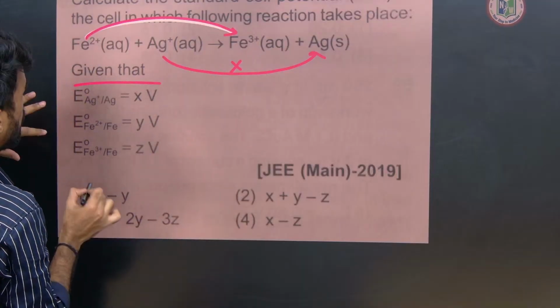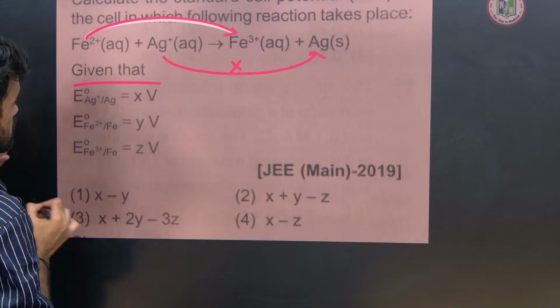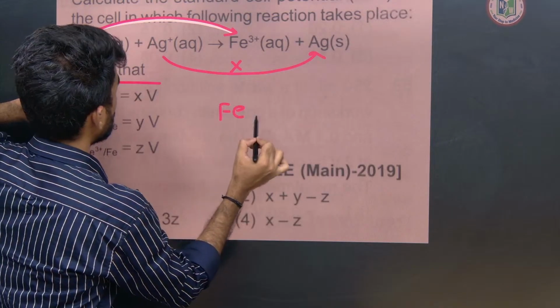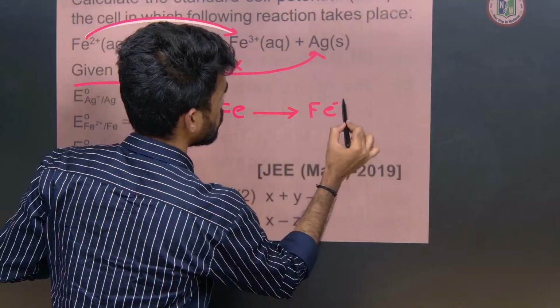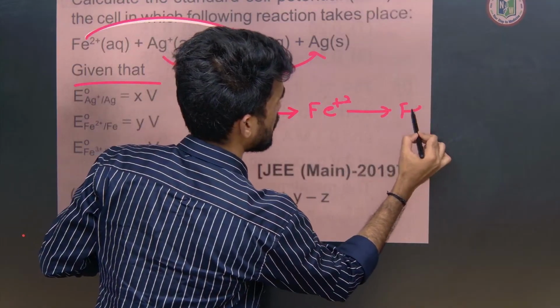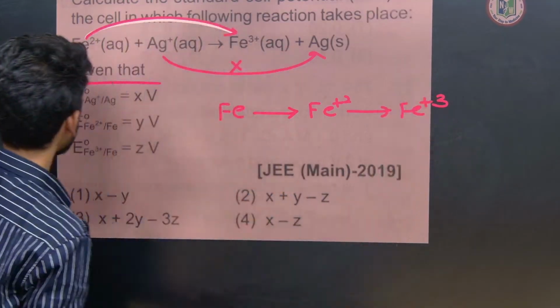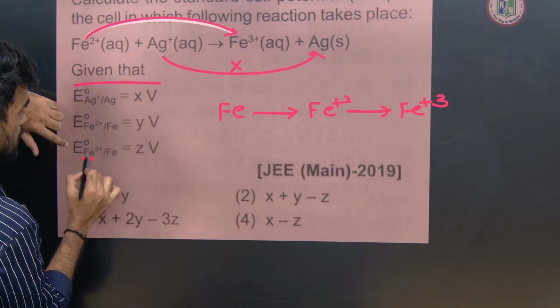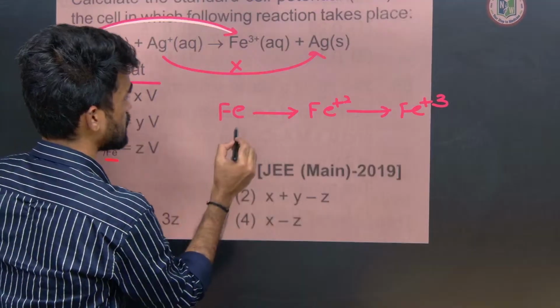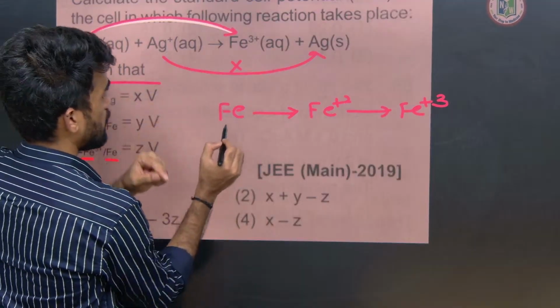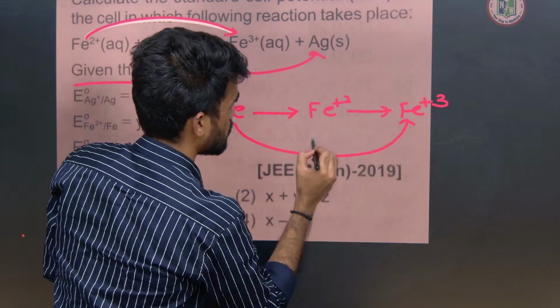But they gave the data of other things. Iron converting into iron plus 2, iron plus 2 to iron plus 3, like this they have mentioned. For iron plus 3 to plus 2, from here to here they mentioned as x. So from here to here you can consider minus x.